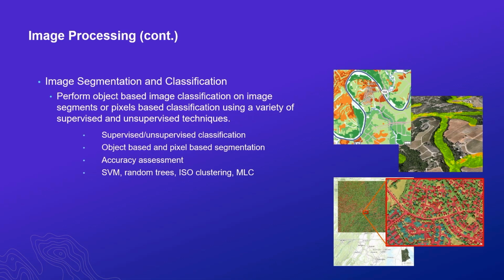Or it can let you differentiate between a car versus a plane, right? So we have rich functionality to do this kind of image segmentation and classification, whether you want to do an object-based classification or pixel-based classification using a variety of techniques that we have, supervised and unsupervised. We have lots of machine learning techniques too.